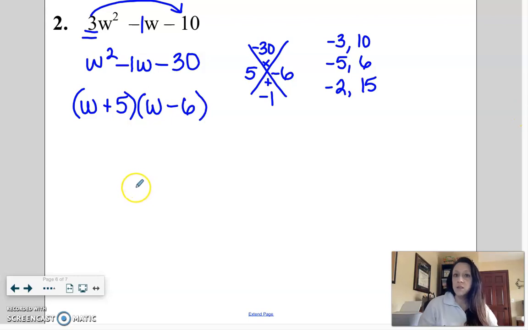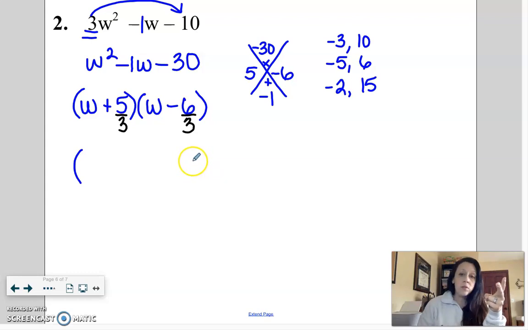Okay, what's next? Divide. You're going to divide by the outside number that you slipped over, and that was a 3. And then your job from here is to either divide the numbers if they divide evenly, reduce the fractions if they reduce, and if those 2 things don't happen, slide.